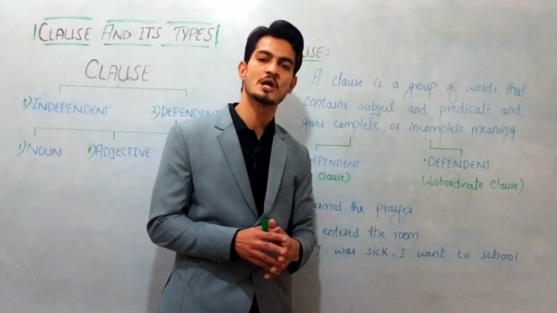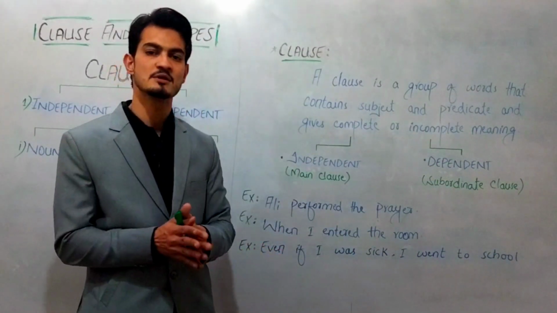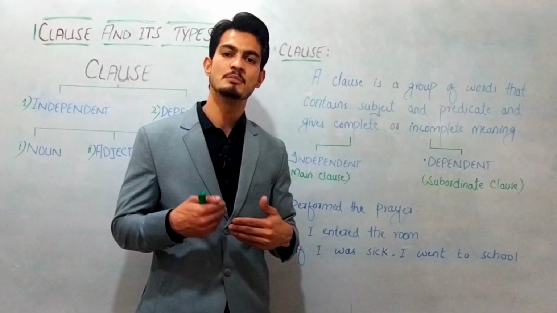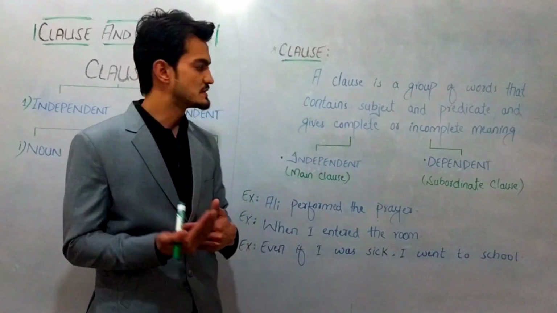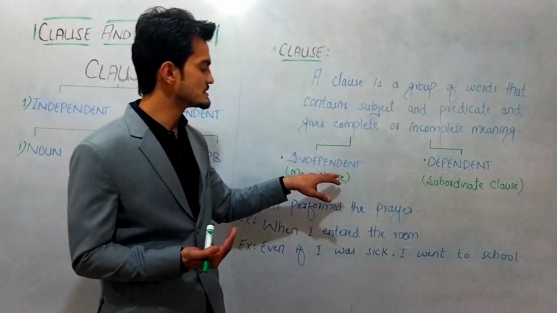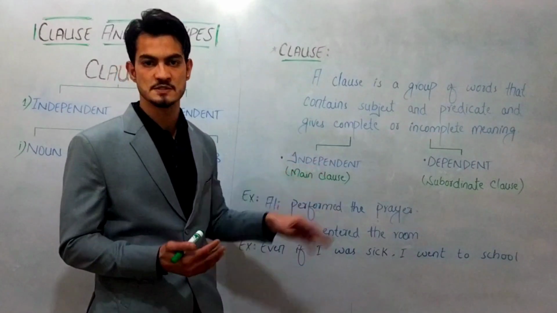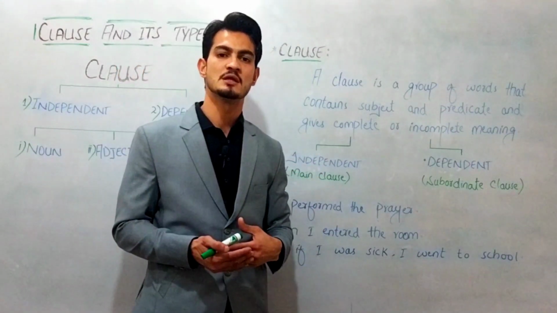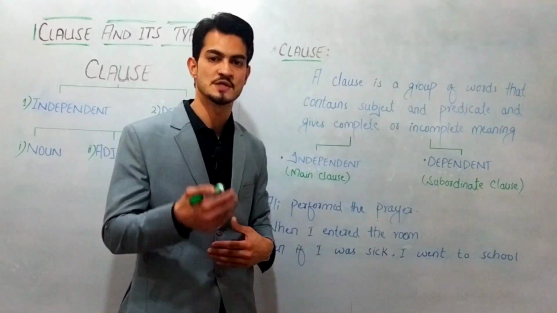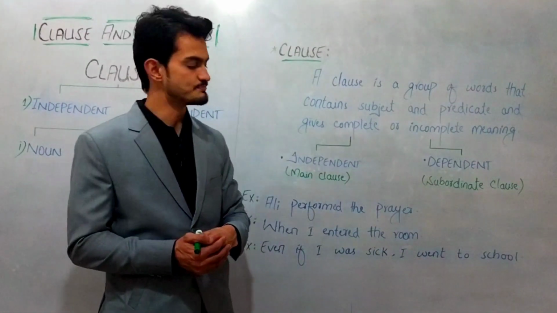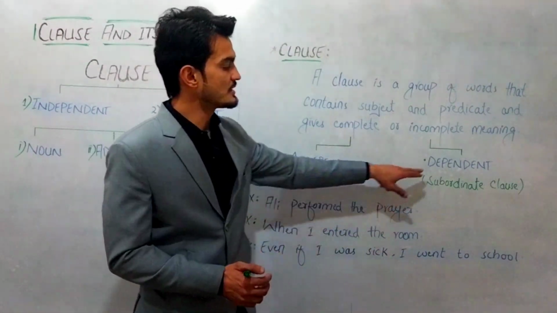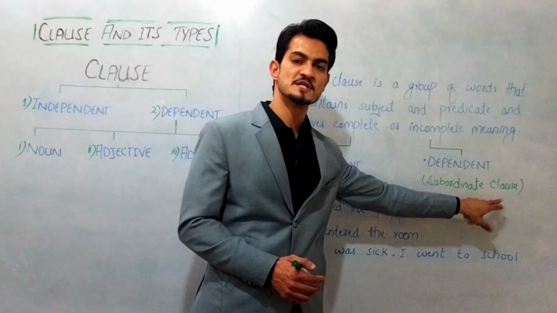Now, dependent clause cannot stay alone. Dependent clause वो अकेले meaning नहीं दे सकता. Dependent clause depends on an independent clause. Dependent clause की meaning complete करने के लिए दूसरा clause लगाना जरूरी होगा. और dependent clause को हम subordinate clause भी कह सकते हैं.